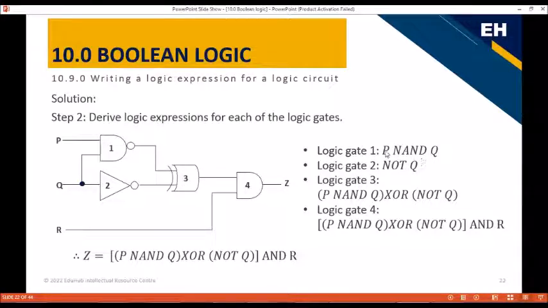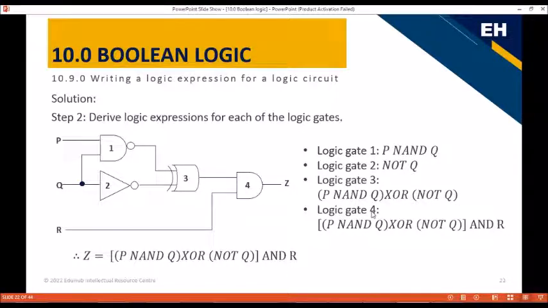So as you can see, the first one is P NAND Q. So I have it here, enclosed within parentheses, XOR, which is the main gate itself at this level, and the second logic gate combination. So we have NOT Q.